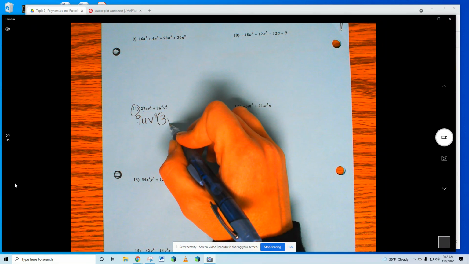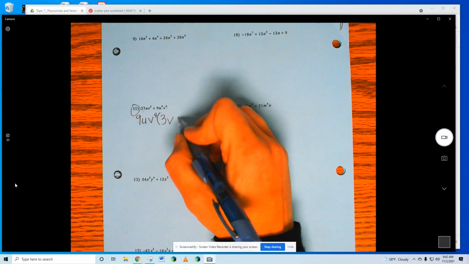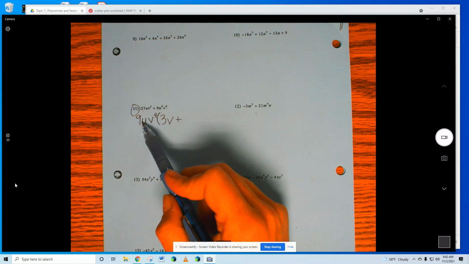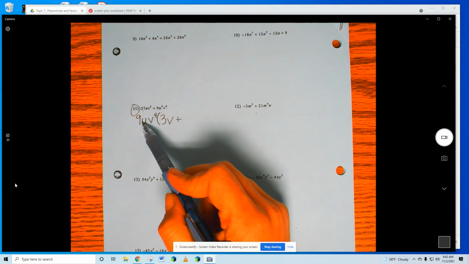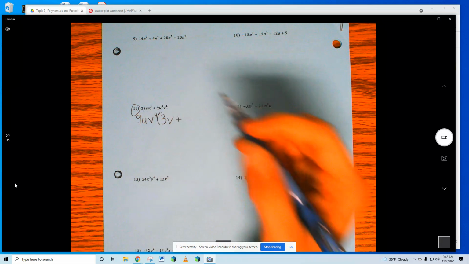How many are left? Just 1 v. Put the plus sign. 9 divided out of 9 is a 1. I don't really need the 1, so I'm not going to put it.